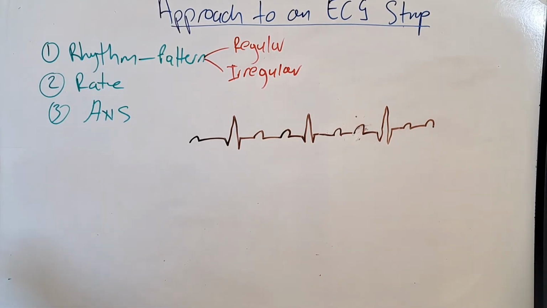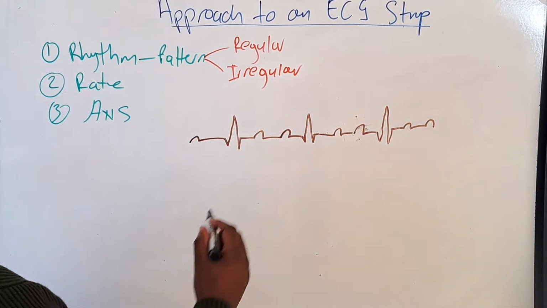If you look at the ECG, you'll find that all the other leads are shortened, their tracings are shortened. But the rhythm strip is usually the longest, and it's usually lead 2. So that's the rhythm strip. You go to the rhythm strip.